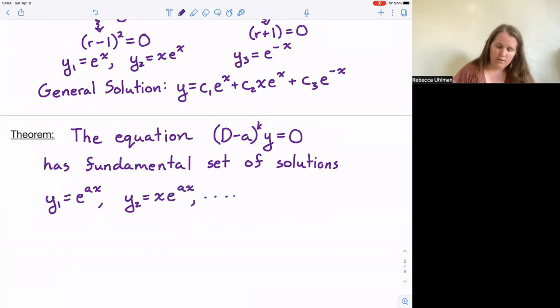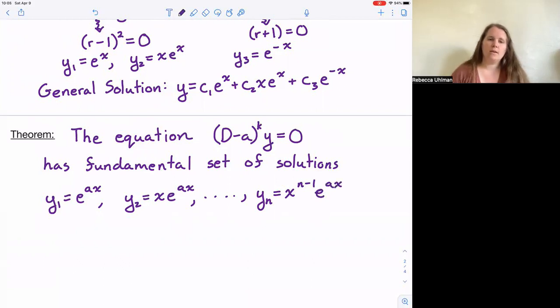And then from here on, we're just going to keep on adding factors of x until we hit our nth solution. So we will have yn is equal to x to the n minus 1 times e to the ax.